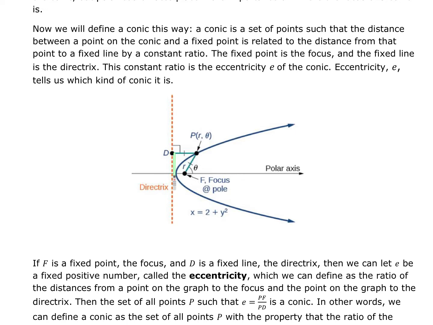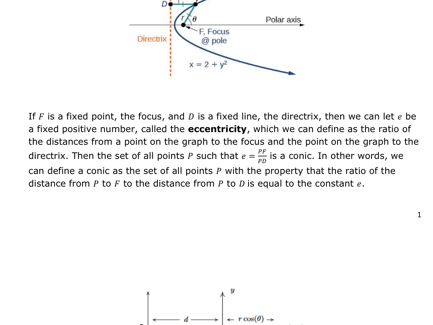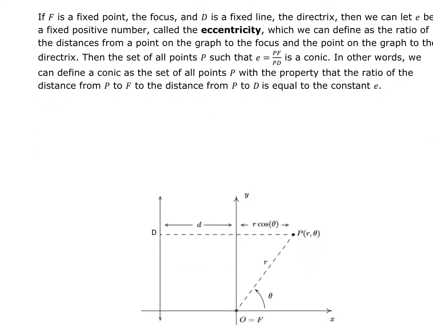This distance from the point P to the directrix will always be perpendicular to the directrix. And that's how we're going to define eccentricity. Well, we kind of defined it before, but we're looking at it a little bit more.